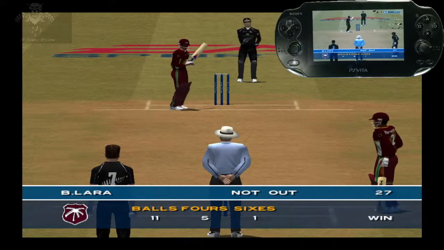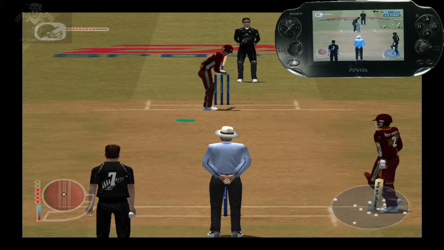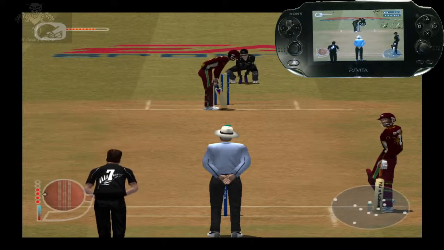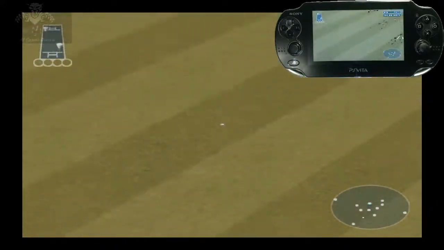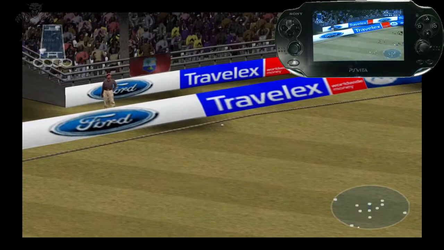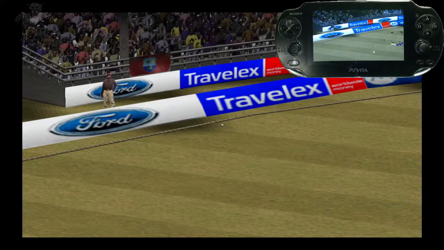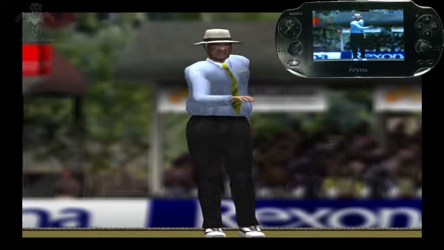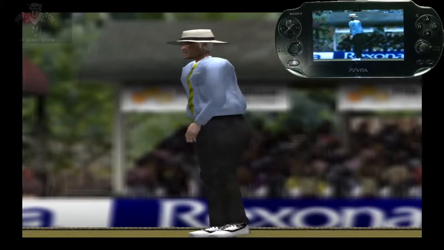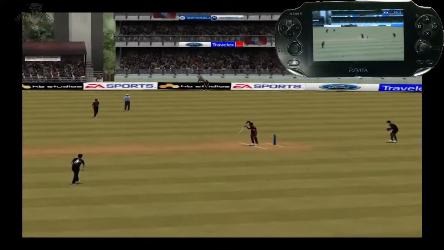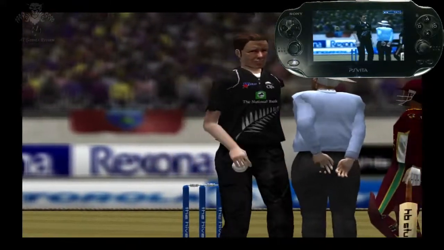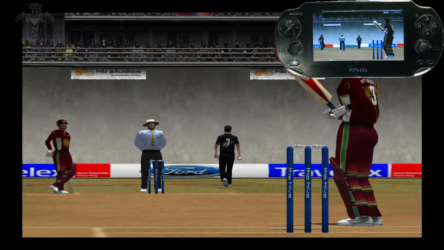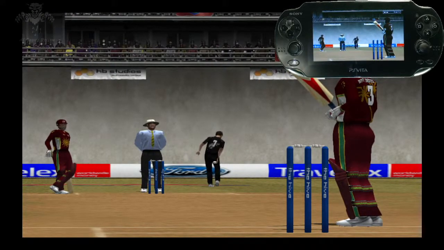Lara facing. The bowlers really need to keep it tight at this stage of the match. Lara facing.